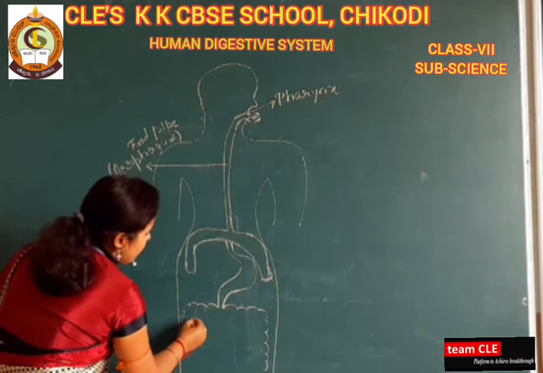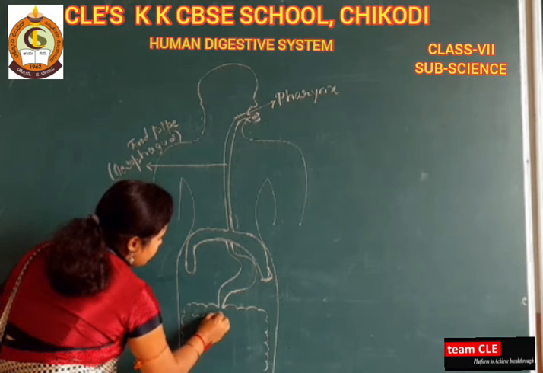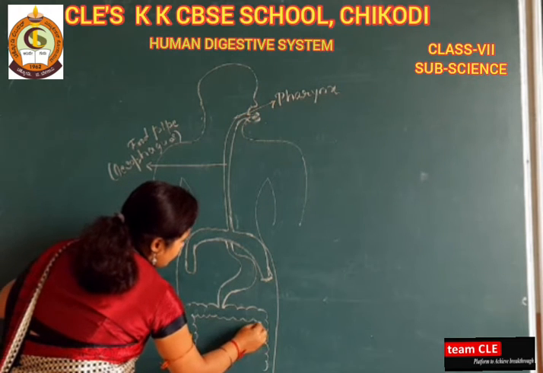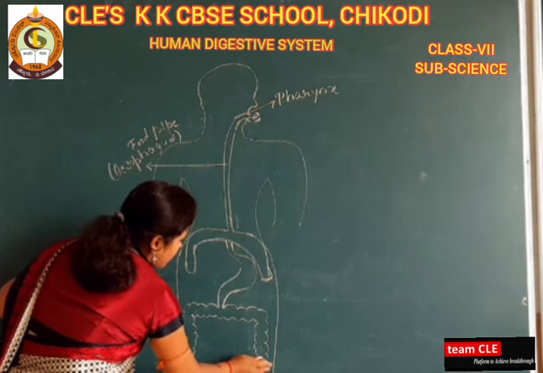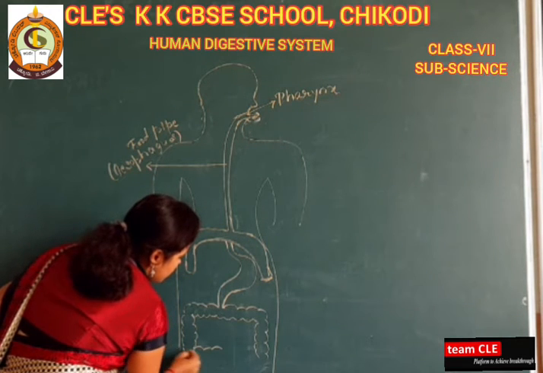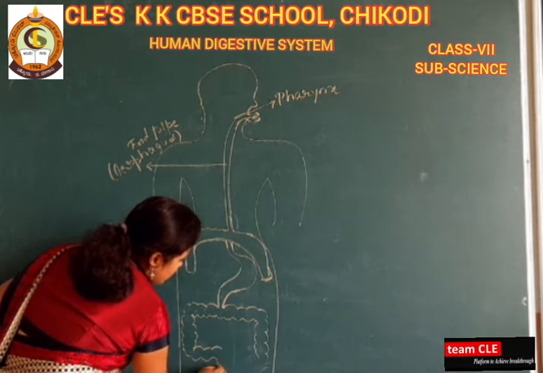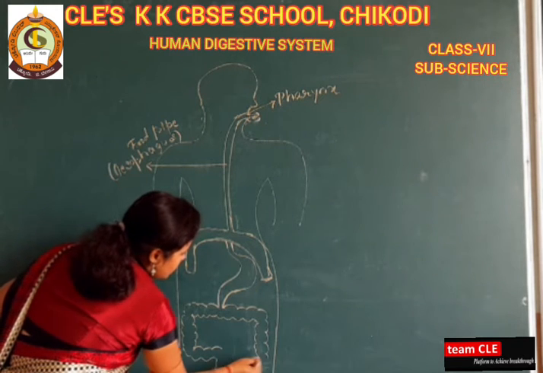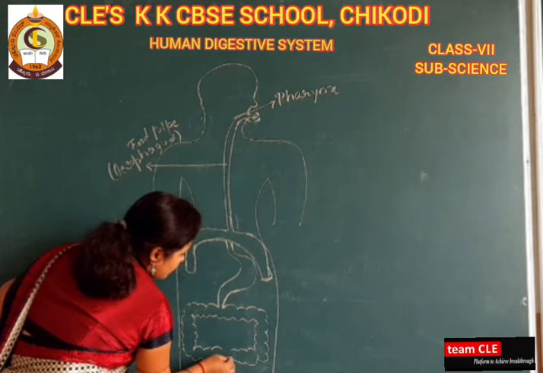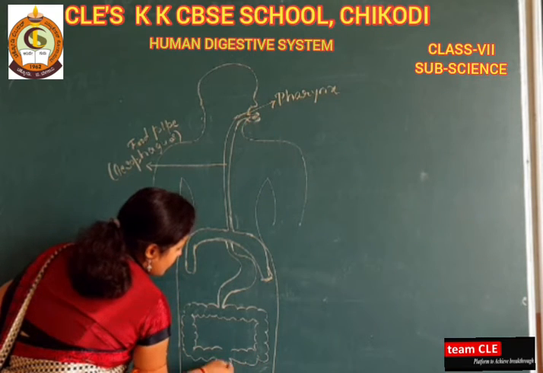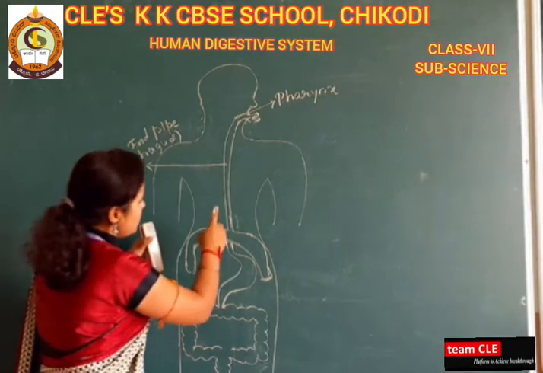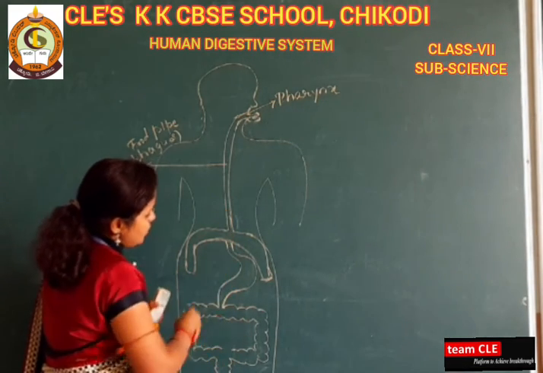Then you have to draw a reverse 3. You have to draw it in this manner. So this is one boundary line of the digestive system.